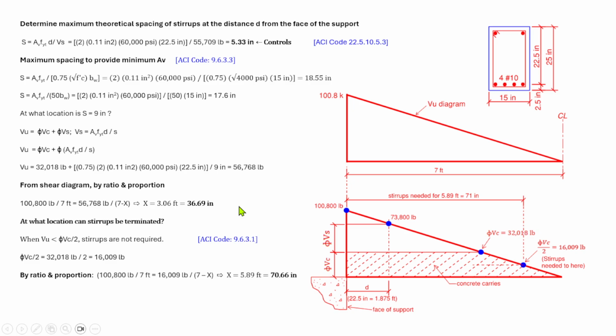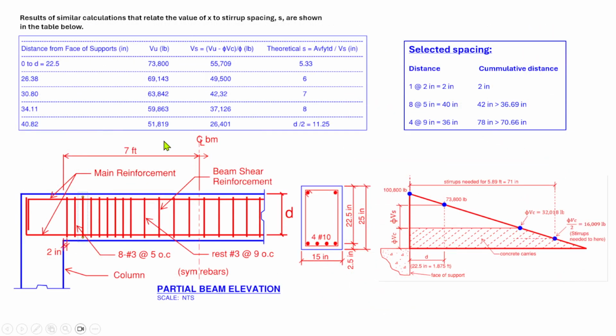Then the next one is the summary or tabulation of the spacing of the stirrups here. It is the result of similar calculations that relate the value of x to stirrup spacing, the same pattern as what we calculated previously.